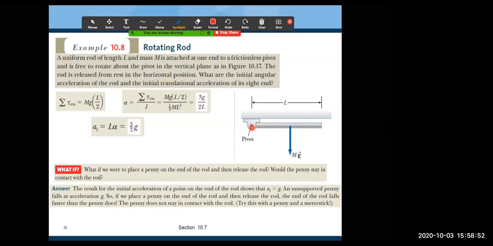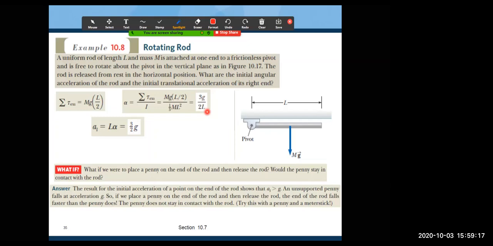Rotation is about the end of the rod. So from the previous slide, it is equal to m l squared divided by 3. No need to remember this equation. They would be provided, if necessary, in the examination. So net torque divided by moment of inertia is 3g over 2L. This is the angular acceleration.